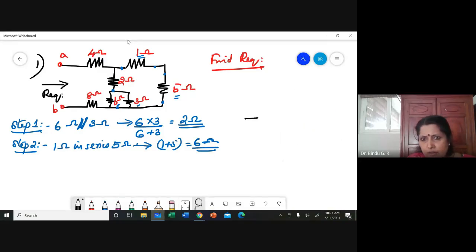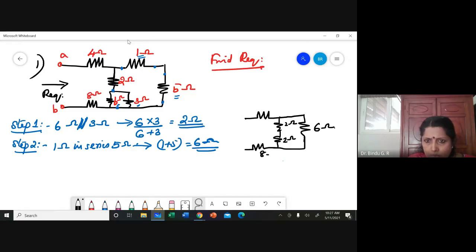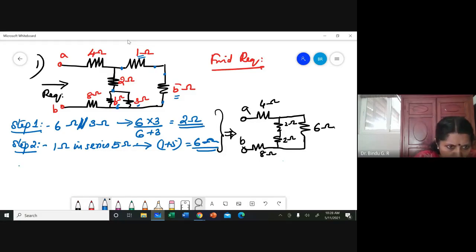So I'll have 4 ohm, then I will have 6 ohm, then I'll have 2 ohm, and these two combinations 6 and 3 combine again to become 2 ohm, and I'll have 8 ohm. This is A, this is B. Now my circuit reduced by using these two, I get this circuit. Then I go to step 3.